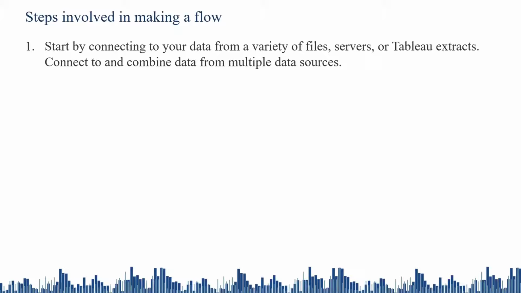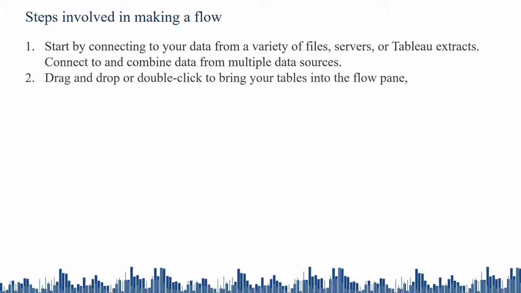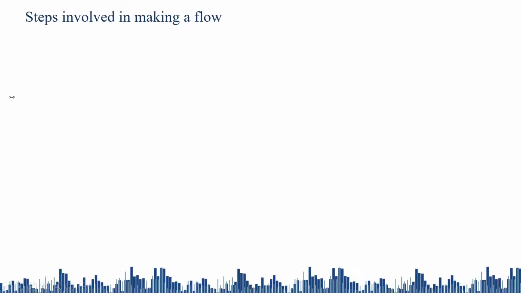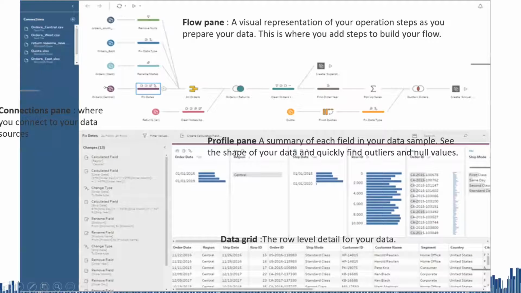Mostly in today's session, we'll connect to an Excel or CSV file. Next, drag and drop or double click to bring your tables to the flow pane. From the connection pane we drag and drop the data to the flow pane. Here you can see the top 4 are the data sources which came into the input step.